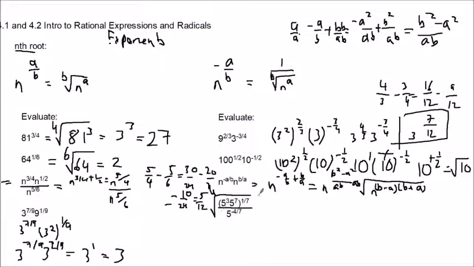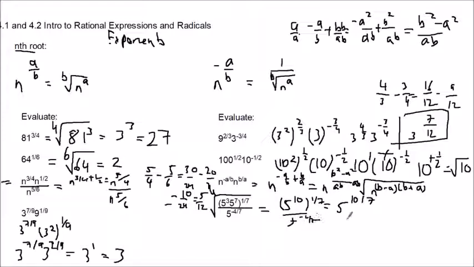5/3, 5/7 to the 1/7 divided by 5 to the negative 4/7. This might seem like a hellhole, right? But if you do it, it's actually quite easy. 5 to the 3 times 5 to the 7 is 5 to the 10, and then 5 to the 10 to the 1/7 is 5 to the 10/7.